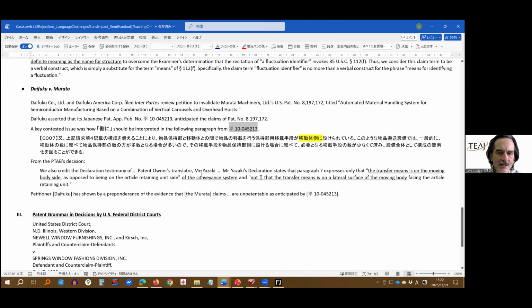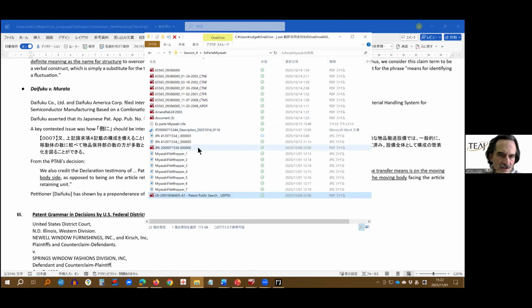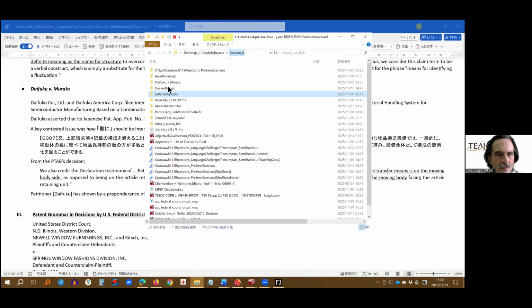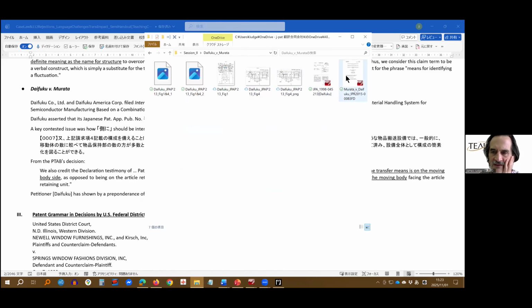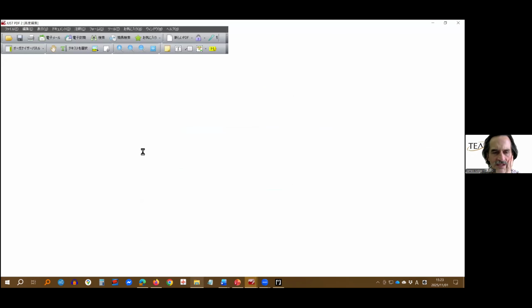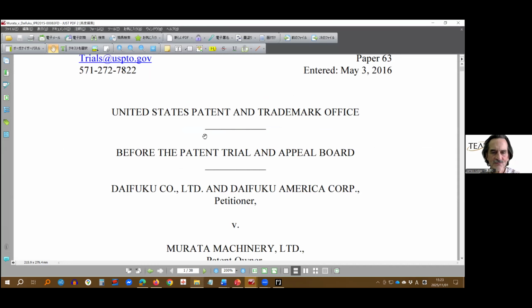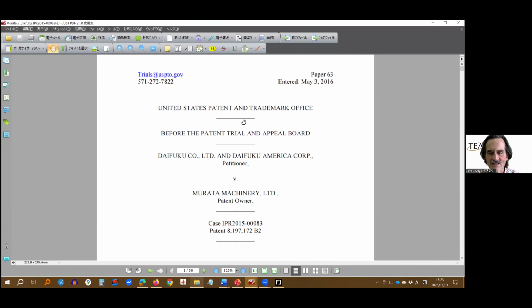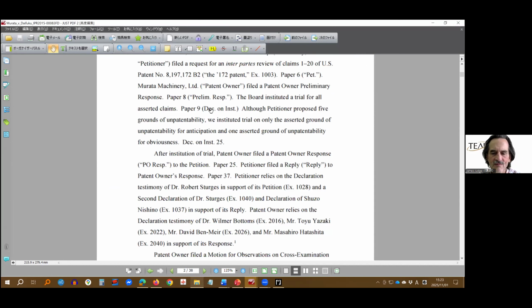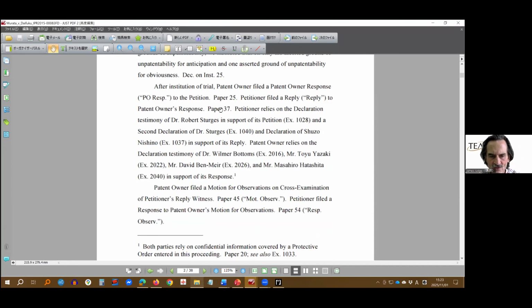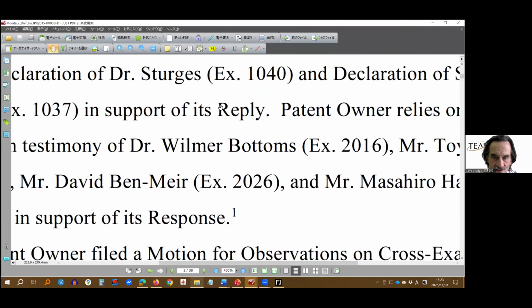So you can find this decision online. It's available. Well, I found it in the PTAB database. So this is the decision as issued by the USPTO's PTAB, and I'm just showing you to give you a sense of what these look like.